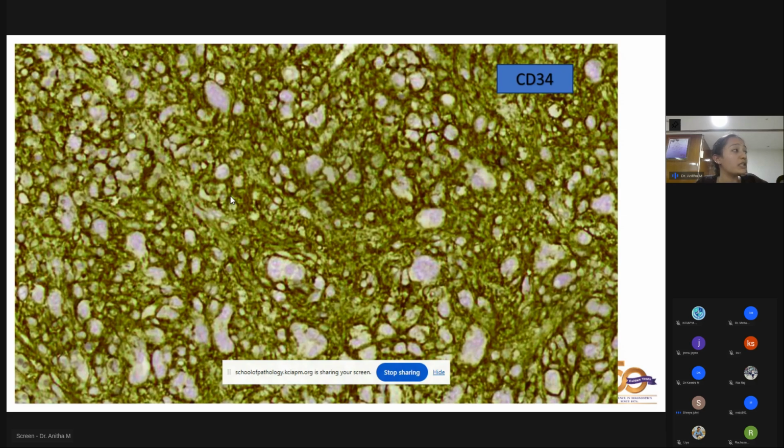It shows diffuse CD34 positivity. Now that I've told you it is a low-grade tumor, a low-grade tumor with CD34 diffuse expression. Opposite hemangioendothelioma. Its CD31 was negative.